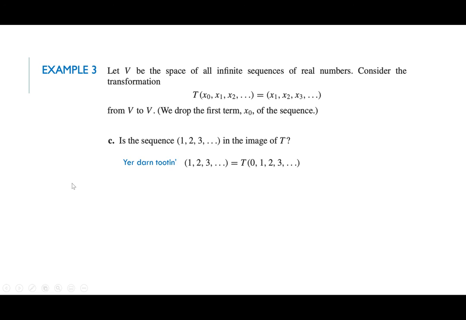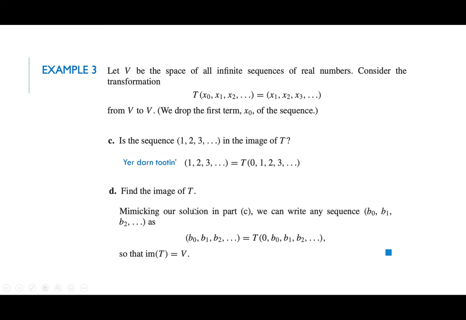And then the book asks, what's the image of T? And it uses the idea that there was nothing special here when we did this with 1, 2, 3. So mimicking that solution, we can take any sequence b0, b1, b2, and show that it's in the image of the transformation, because we can just stick a 0 in front, make the first entry 0, shift everything else to the right, take the transformation, and you get your original sequence.